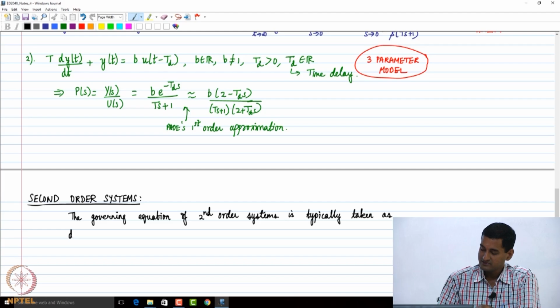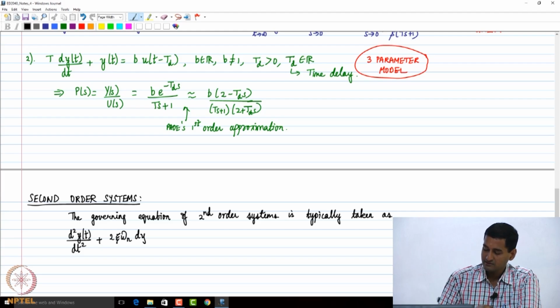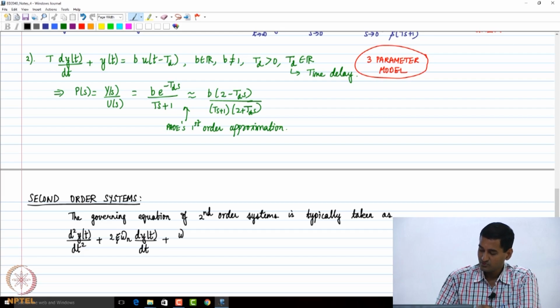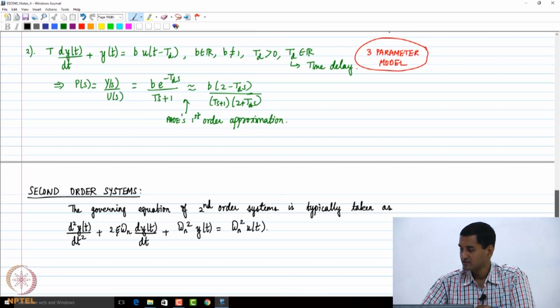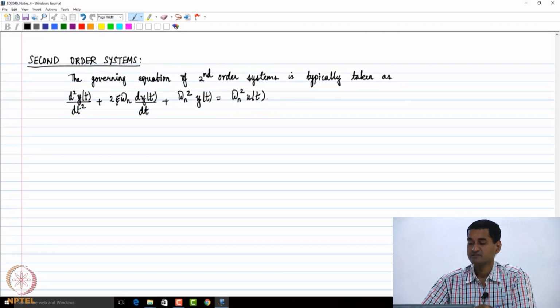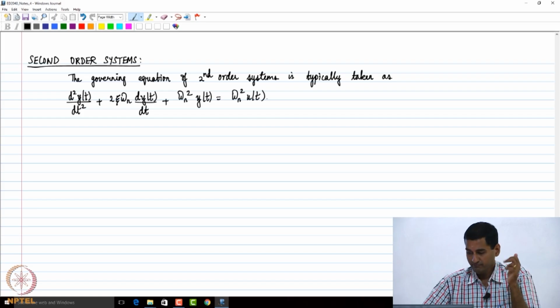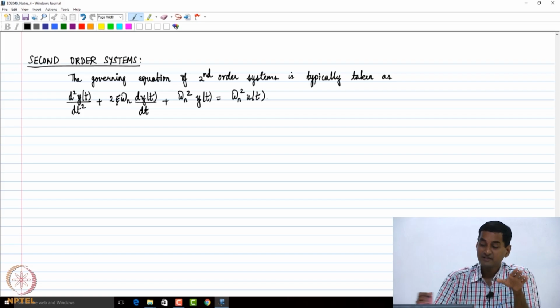So typically what we do is we take it as d squared y/dt squared plus 2 zeta omega n dy/dt plus omega n squared y of t is equal to omega n squared u of t. So that's the general governing equation here. Once again, that's why I said, it's typically taken to be this.